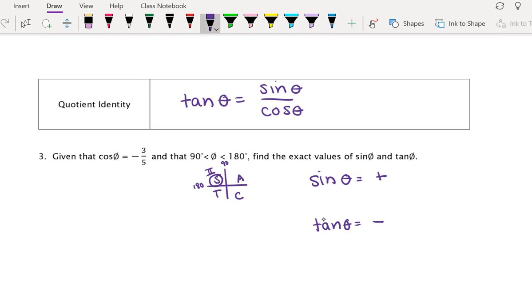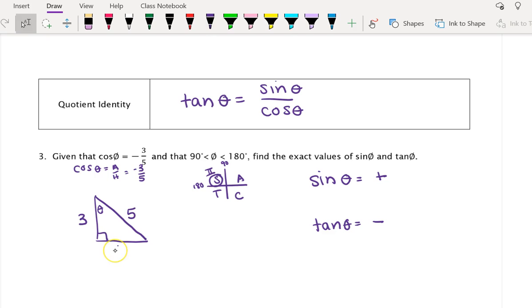All right, cosine theta is 3/5. Cosine theta is adjacent over hypotenuse, which means that I get a -3 over 5. Disregard the sign for this case. I think it's easier just to work with the fact that we're looking at adjacent over hypotenuse. If I have a 3 and a 5, that means this must be 4.